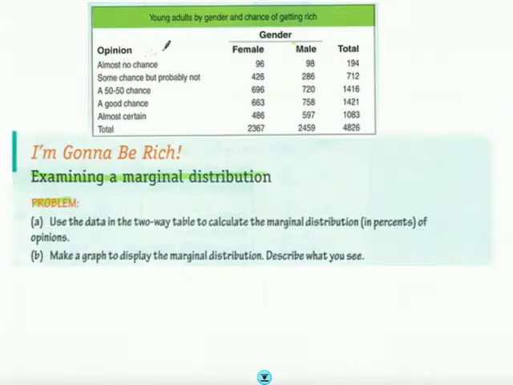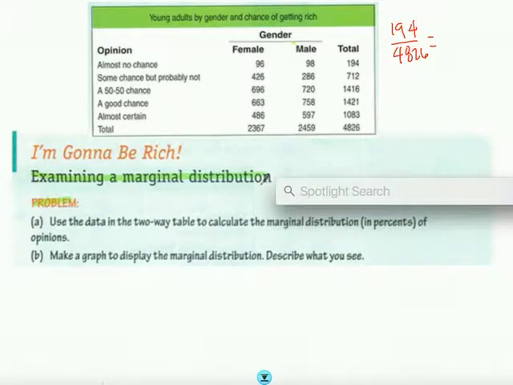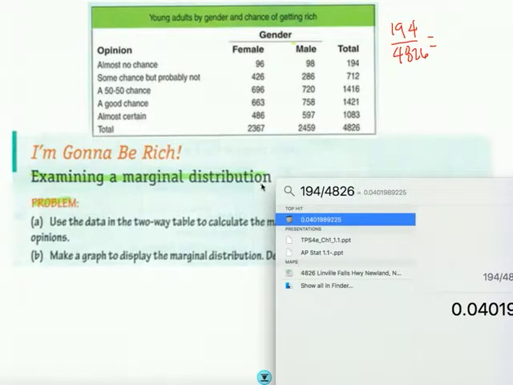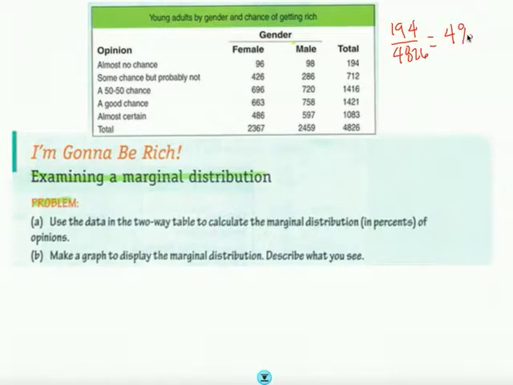So if you're doing almost no chance, you would take 194 and divide it by 4,826, and that would give you 0.04, which is roughly 4%. So you have 4% of people saying they have almost no chance of being rich by the age of 30.